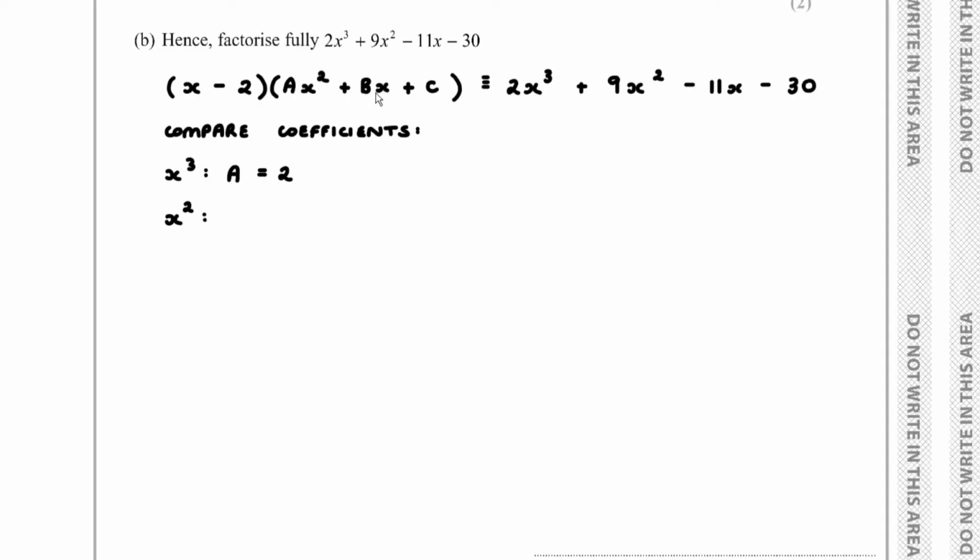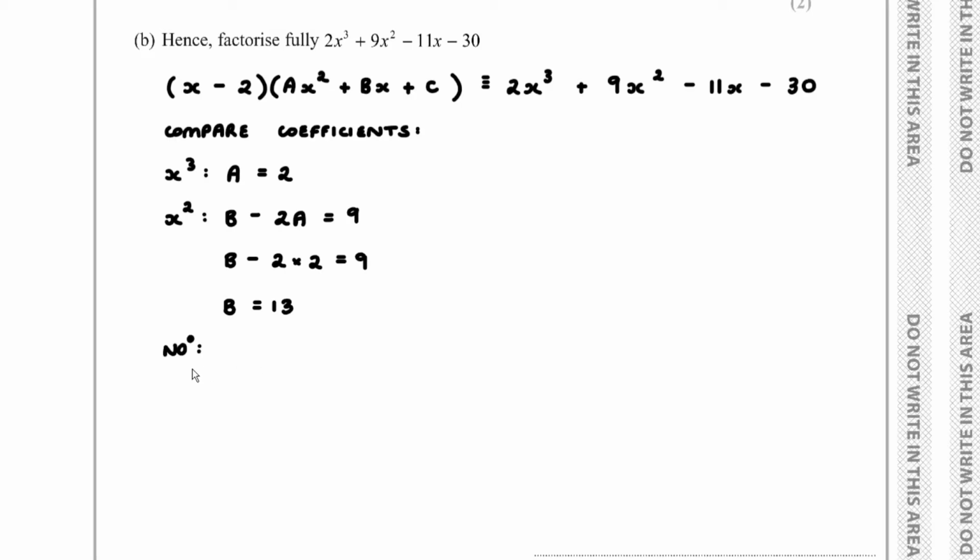X multiplied by bx gives us an x squared term, and negative 2 multiplied by ax squared gives us an x squared term. So the coefficient of x squared will be b subtract 2a on the left hand side, and on the right hand side the coefficient of x squared is 9. b subtract 2a is equal to 9, and knowing that a is equal to 2, we have b subtract 2 multiplied by 2, which is equal to 9, and therefore b is equal to 13.